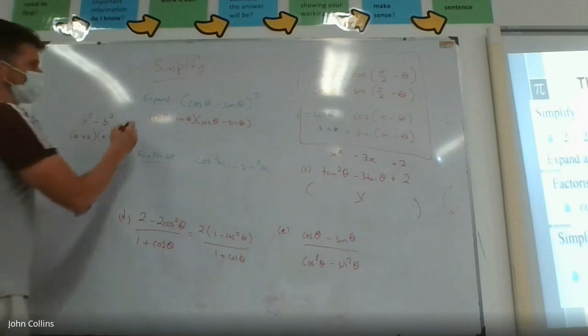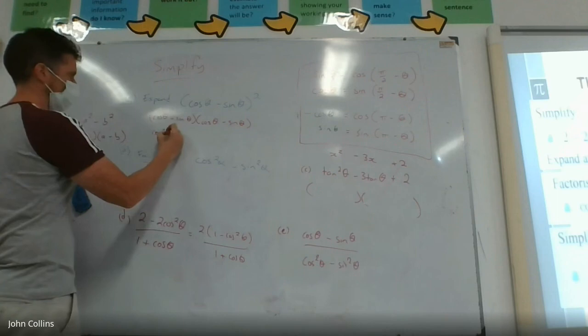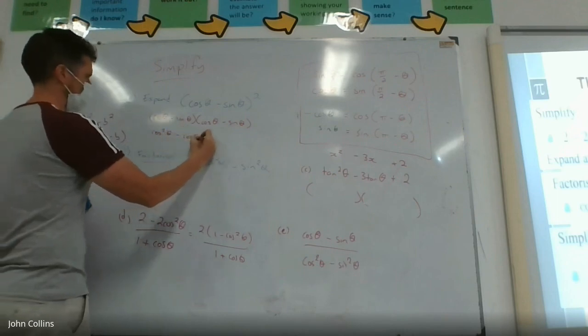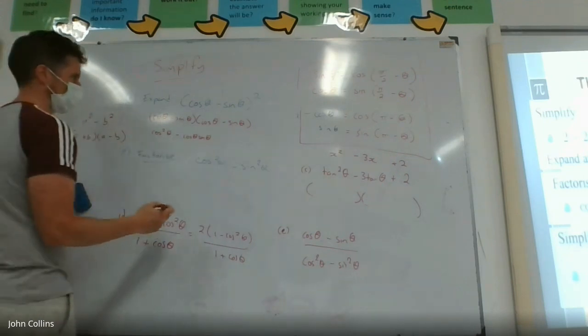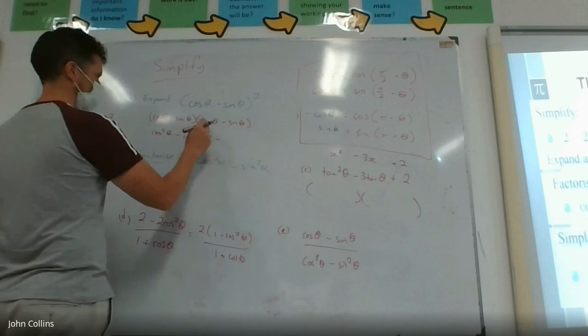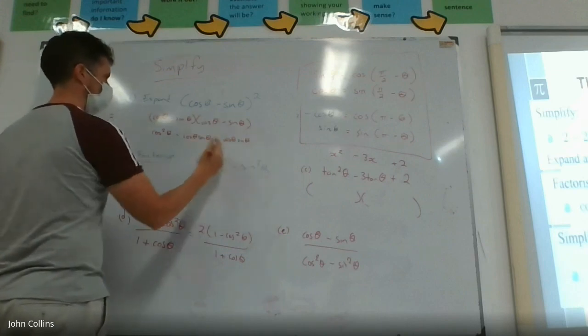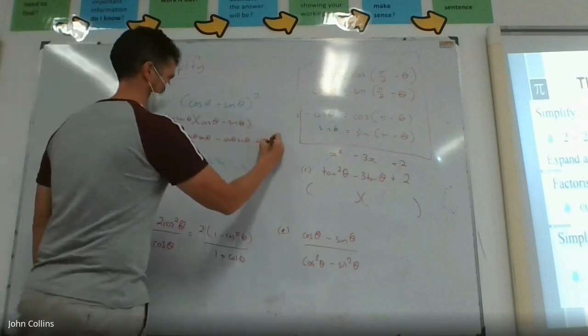Okay, so I'll finish this first one. Start multiplying out. You should be left with cosine squared theta minus cosine theta sine theta. There's nothing I can do with that. It just is what it is. It's shoved together. Multiplied, minus cosine theta sine theta again. These two multiplied, and the last two multiplied is going to be plus sine squared theta.